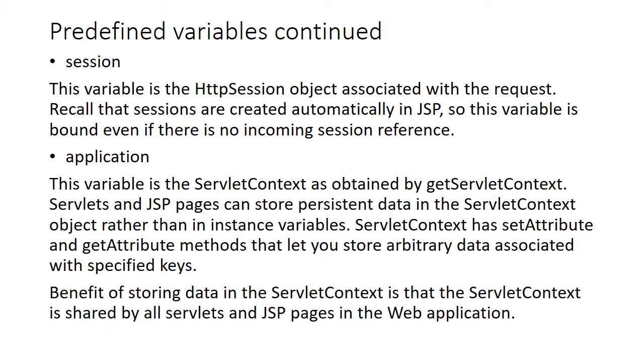So I give the name of the attribute, that becomes the key, and then the value for that. For example, user is my key, value is XYZ. Now I define that using setAttribute in one of the JSP pages using the application object. All other pages can then access this data using the getAttribute method.